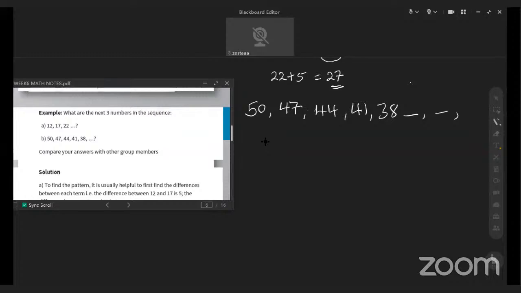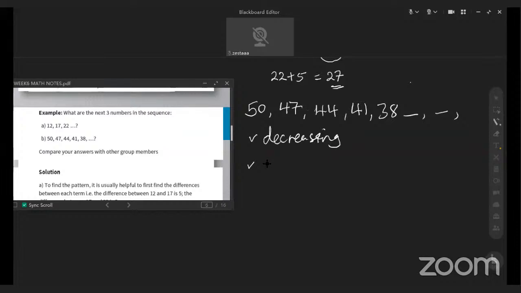How did you get the 35? The numbers are decreasing. Yes, that is one. Go slow, Isaac. So you get 50 minus 47. Isaac, are you still with us? Yes, I'm still with you. Good.